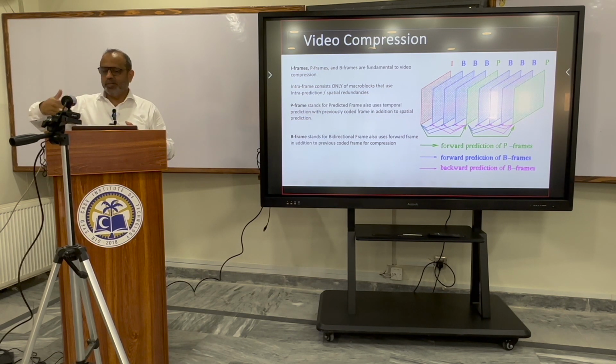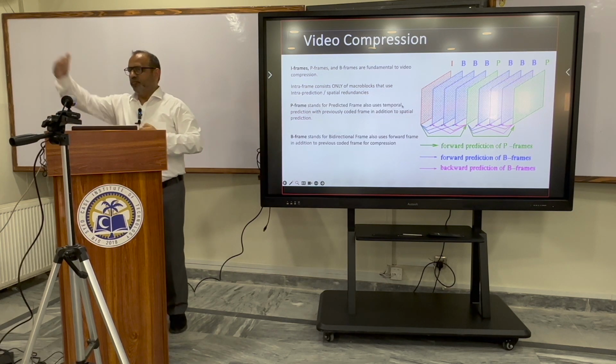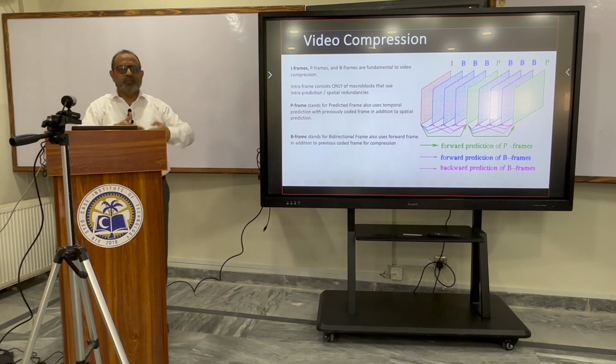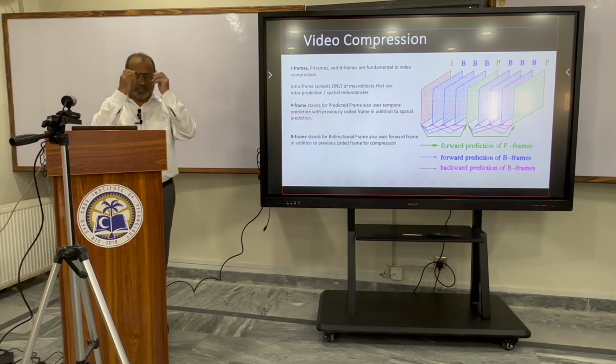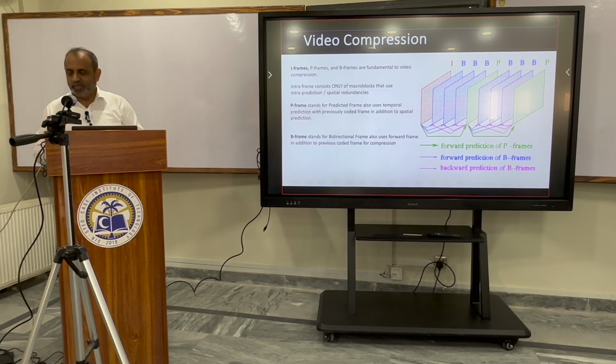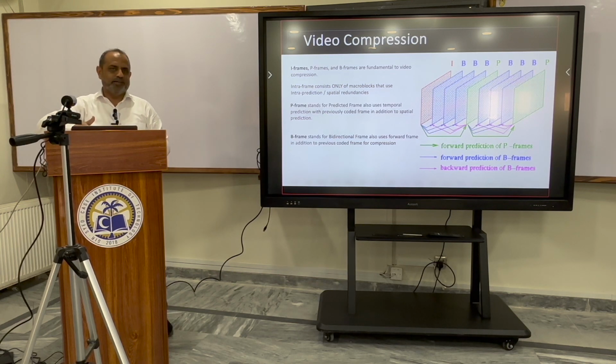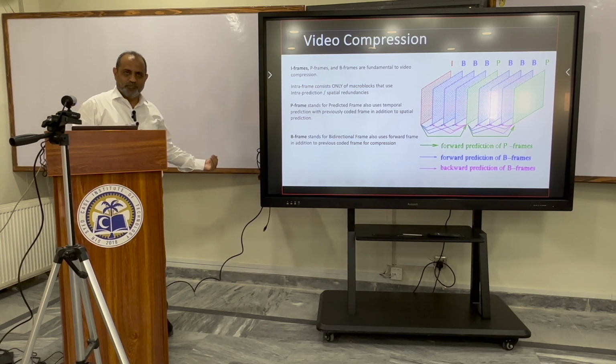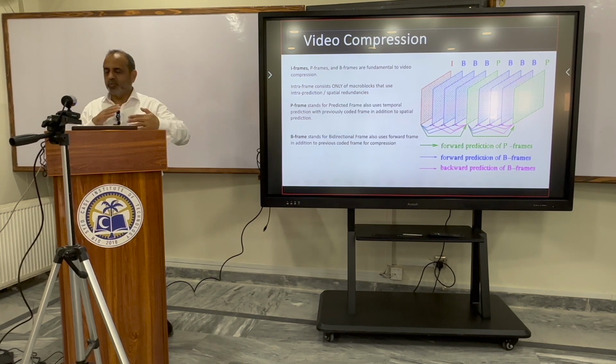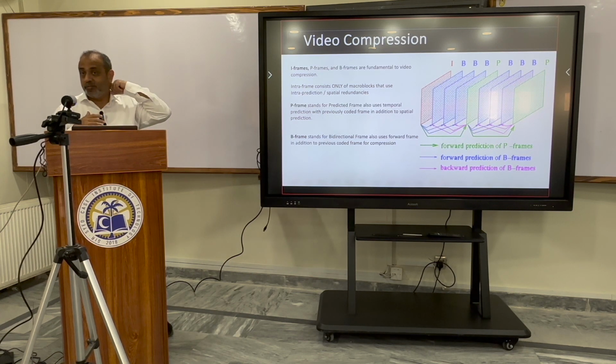You have to wait, because a P frame, the predicted frame, uses the current frame and a future frame to get the maximum compression. If there is a scene change, a future frame looks more like the current one than the previous frame does. So there are three types of frames in MPEG: an I-frame, a bidirectional frame, and a predicted frame.